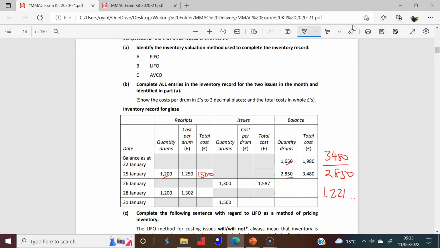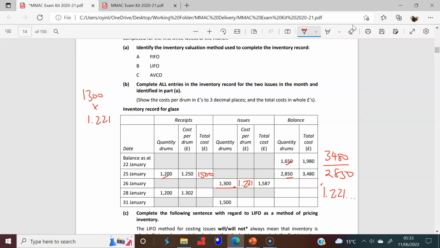Now, if this is the average cost, I multiply this by the issues, going to the warehouse, that's the 1,300. Multiply 1.221 by the 1,300, and you get 1,587. So I am sure that this is using an AVCO method because I've done it that way.